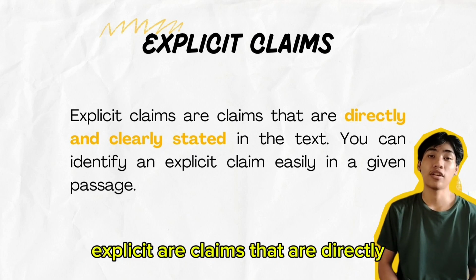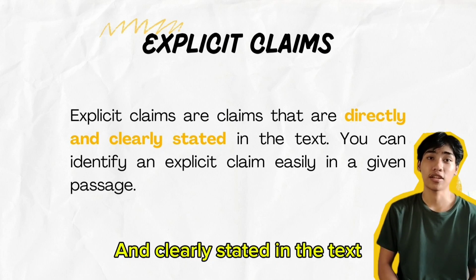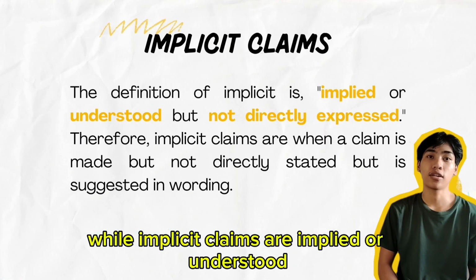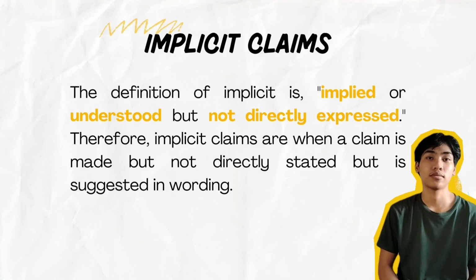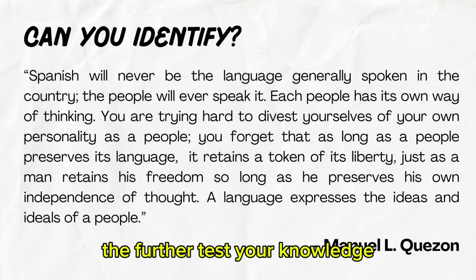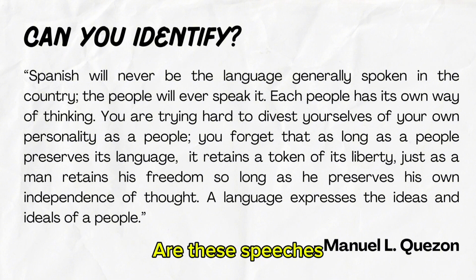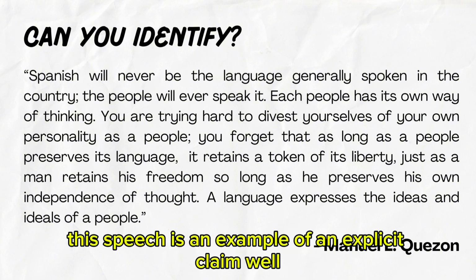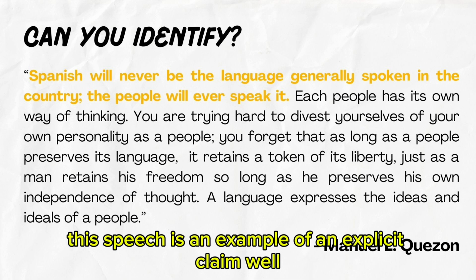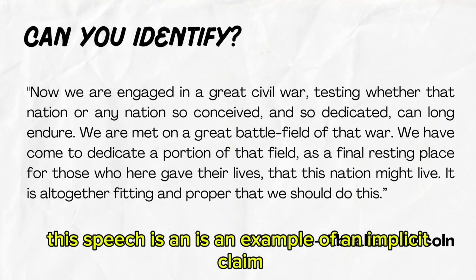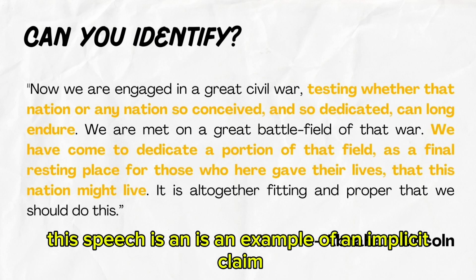Explicit are claims that are directly and clearly stated in the text, while implicit claims are implied or understood but not directly expressed. To further test your knowledge, can you try to identify what type of claim these speeches are? This speech is an example of an explicit claim, while this speech is an example of an implicit claim.